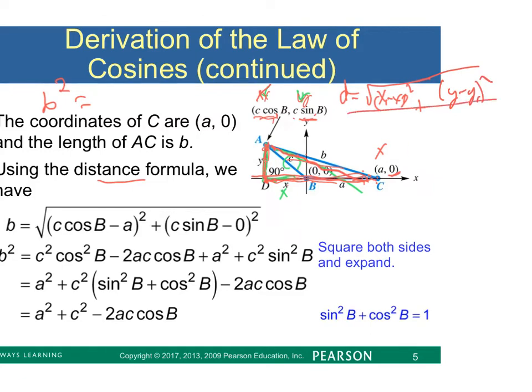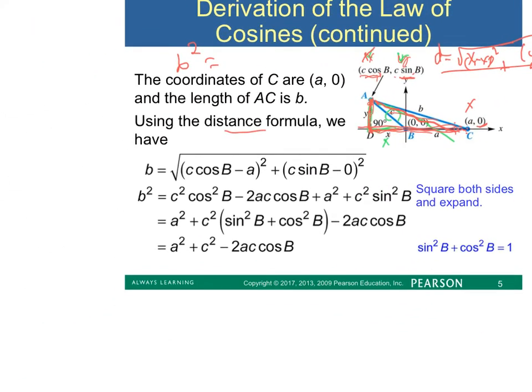So this side b is the square root of c cosine B minus a, squared, plus c sine of B minus the 0, because there's a 0 right there, squared.